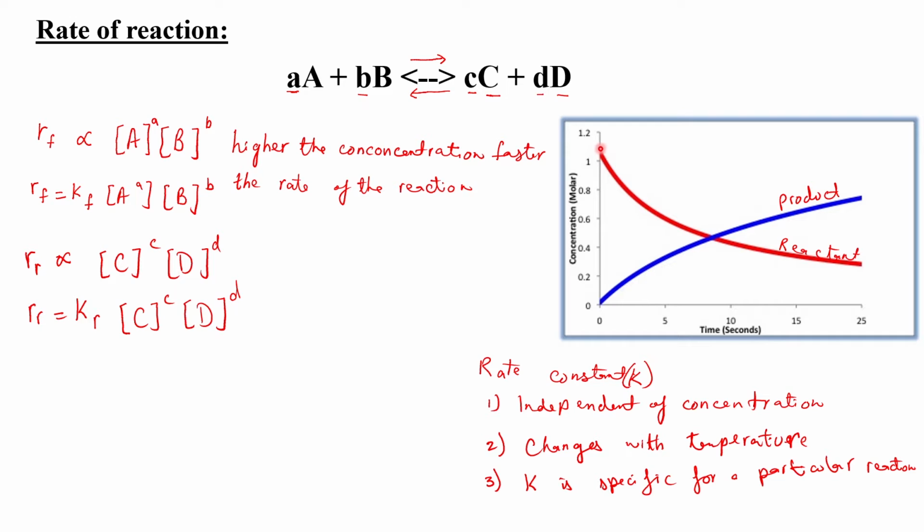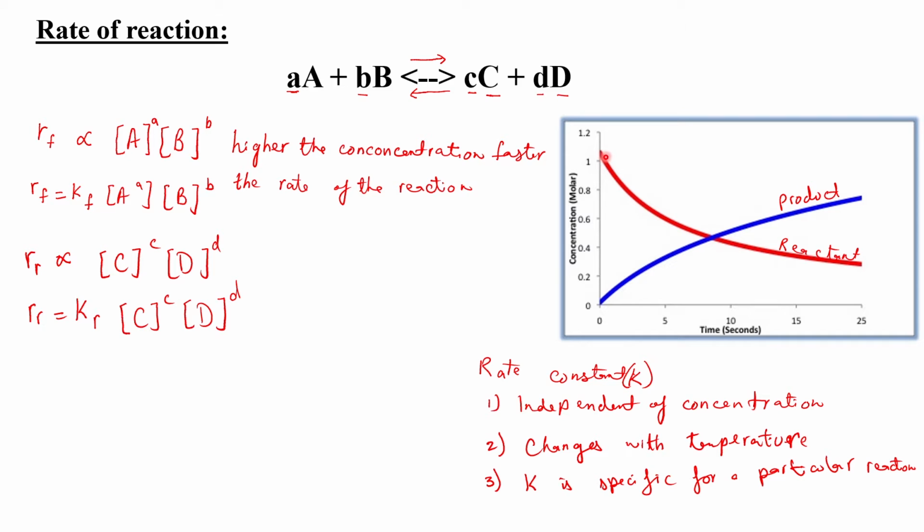As the reaction starts, there will be only the rate of the forward reaction, because only A and B are there. But as the forward reaction proceeds, the concentration of the reactant will start to decrease, and that's what you are seeing here.